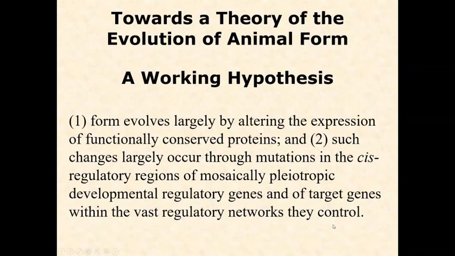So notice that those 8 concepts are essentially all worked into this one statement, okay? So hopefully you can understand this and then explain little parts of it, at least from a broad perspective right now. Explain how those different parts of it all work together to help us understand evolution of animal form.